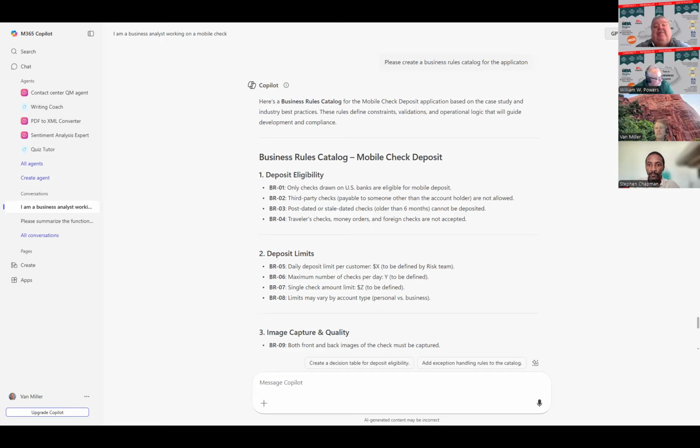So we spent a lot more time with what Van is about to do here, really looking at the results, using our business analysis expertise to say yay, nay, looks good, accurate, appropriate, complete. That's what we're looking at.